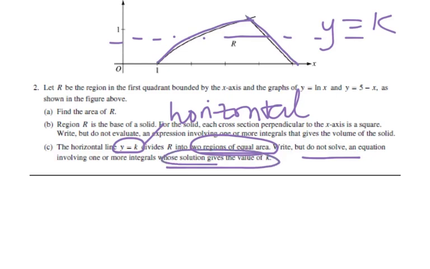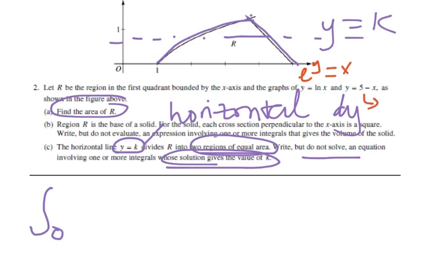Remember part A, when we found the area of R. Since this is horizontal, I'm looking at dy. In part A, we solved for x values: e to the y equals x, and for this part we have negative y plus 5 equals x.